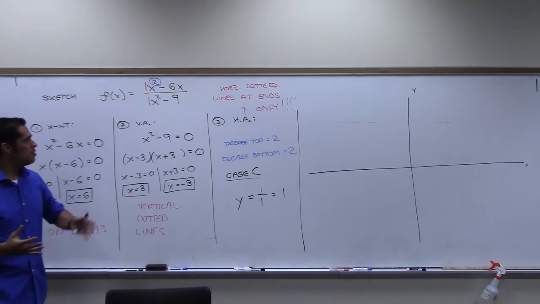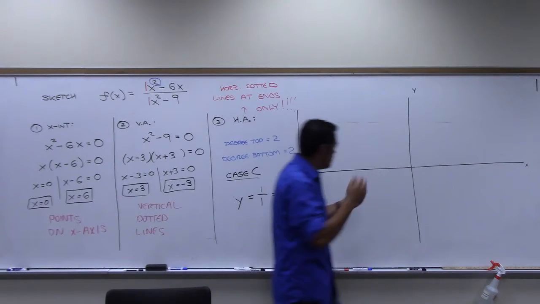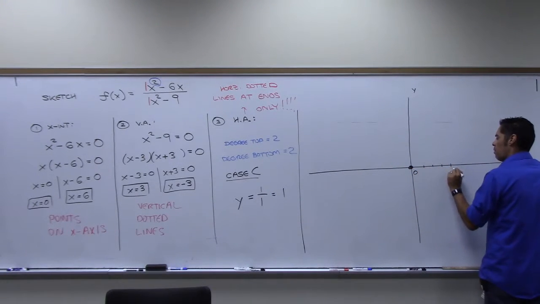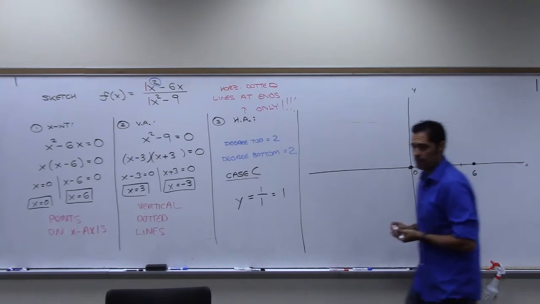Plot all the information from parts 1, 2, and 3. So let's start back here at x-intercepts. I'm going to place points onto the x-axis at 0 and at 6, right? So I'm going to go to 0 here, put a dot. I'm going to go out 1, 2, 3, 4, 5, 6, right here. I'm going to put a dot. Good?